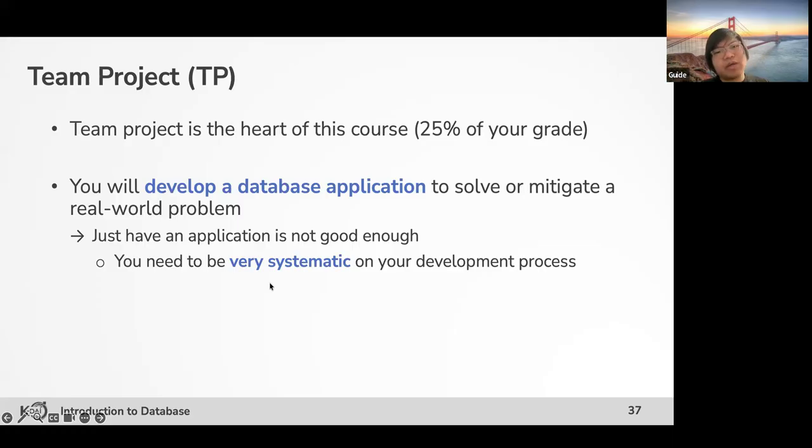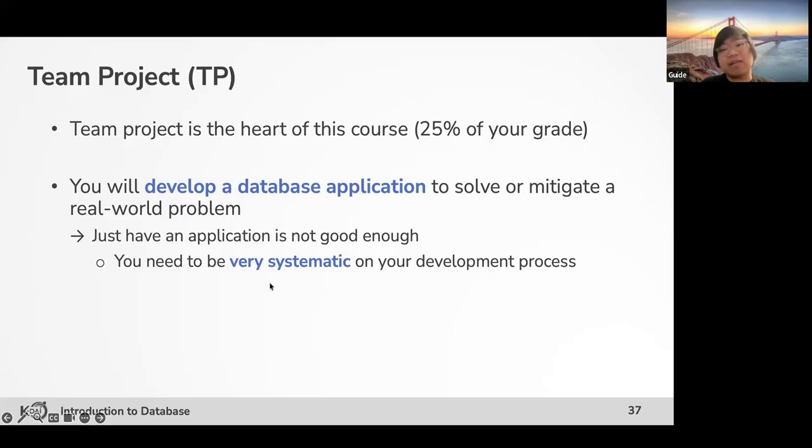I also don't want you to just develop an application and that's it. I would like you to learn a good practice to develop database applications. So there will be a systematic approach that we would like you to follow. You may have different opinions than mine, that this approach is not good, but I would like you to try this approach first. If you like it, good.